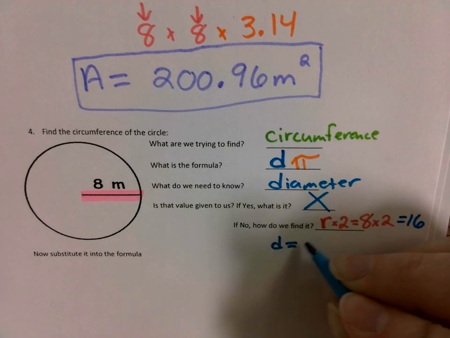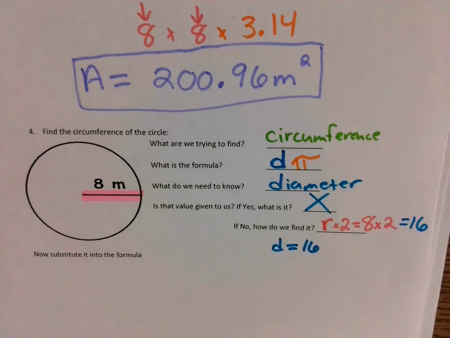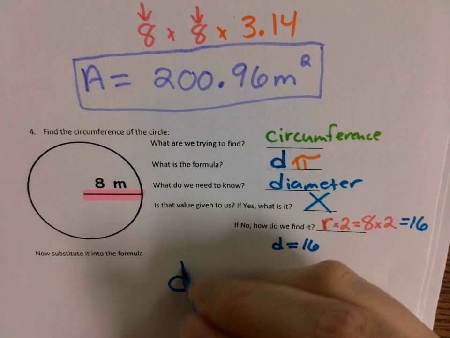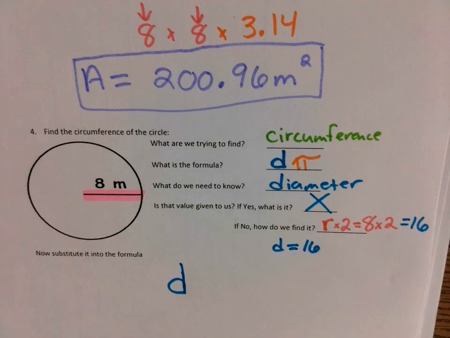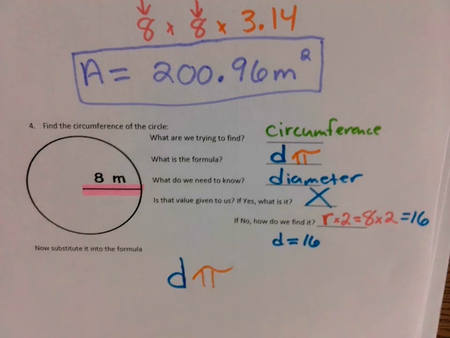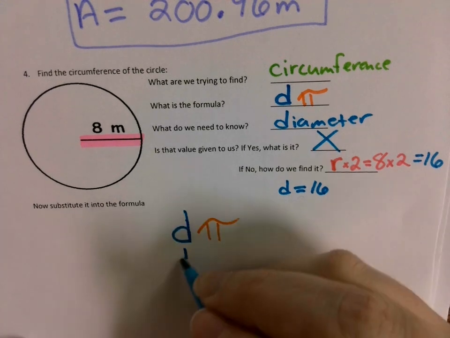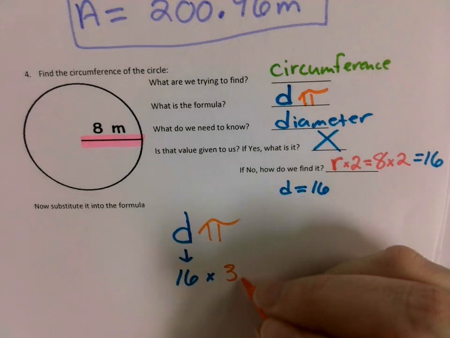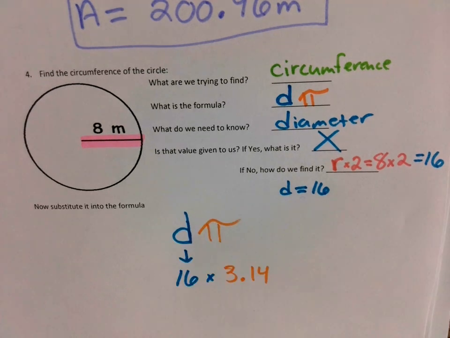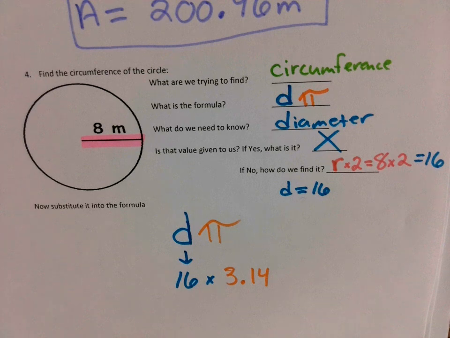So when we do diameter times pi, we're really going to be doing 16 times 3.14, and that's going to give us 50.24.